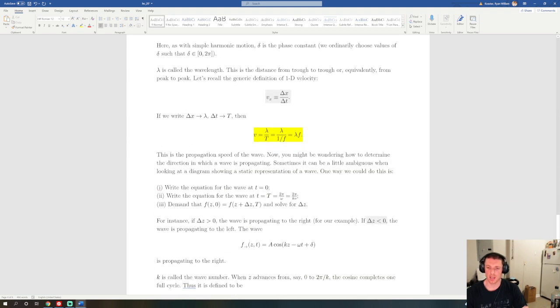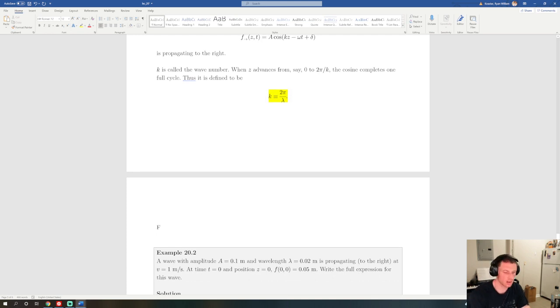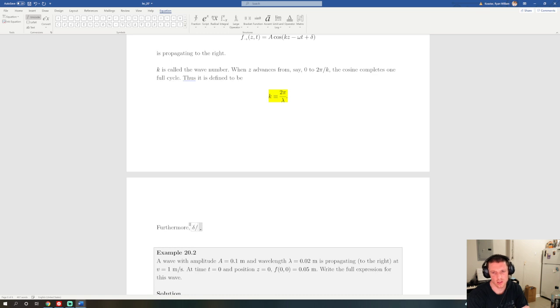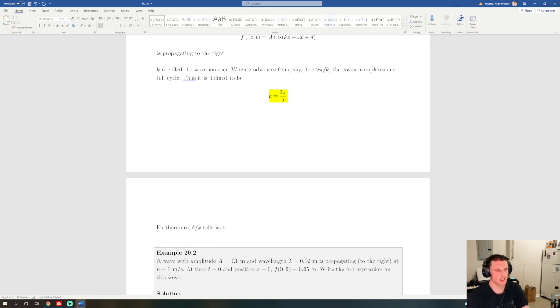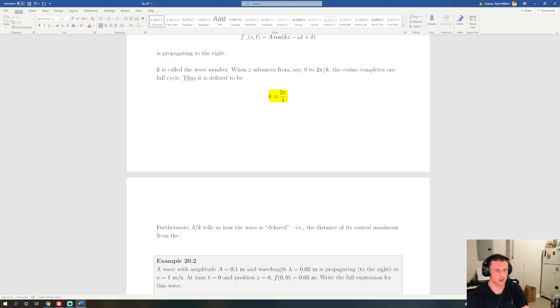So let me say that furthermore, the quantity delta over k tells us how the wave is delayed, i.e. the distance of its central maximum from the origin.